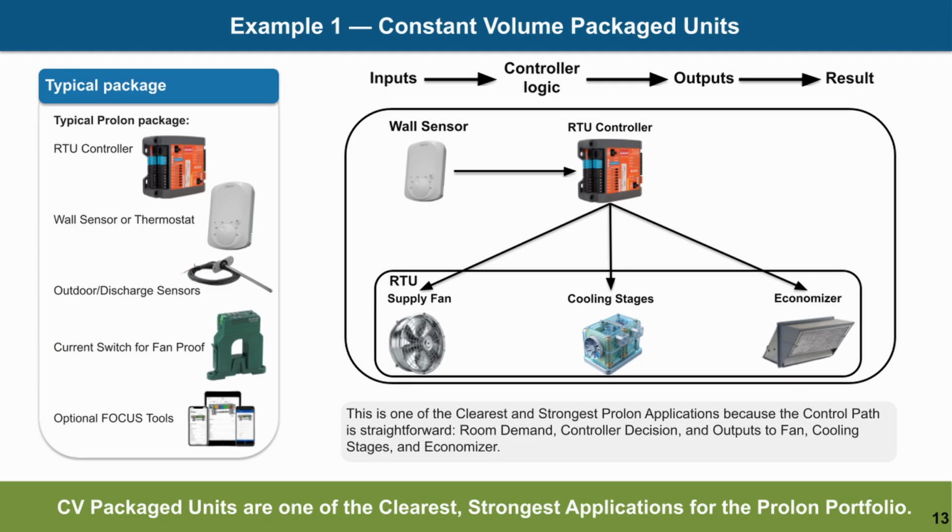The wall sensor provides room demand, the RTU controller makes the control decision, and the outputs command the supply fan, cooling stages, and economizer. This example is a strong entry point because it is common, easy to visualize, and clearly demonstrates how the controller, sensing layer, and startup tools work together.